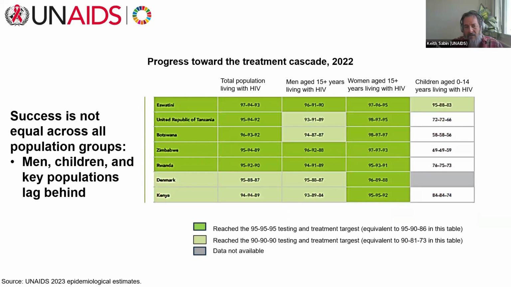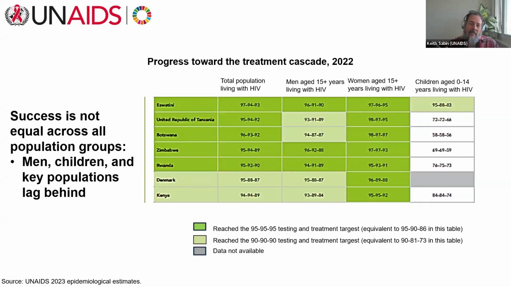And just to be clear, not everybody is experiencing ART, the treatment cascade, at the same levels. So here, when we look at the total population, which is in the left-hand column closest to the country's names, and then compare that to men and women in the next two columns, and then children in the final column on the right, we can see that women have all the darker shade of green, which means they have achieved the 95-95 treatment targets or close to it.